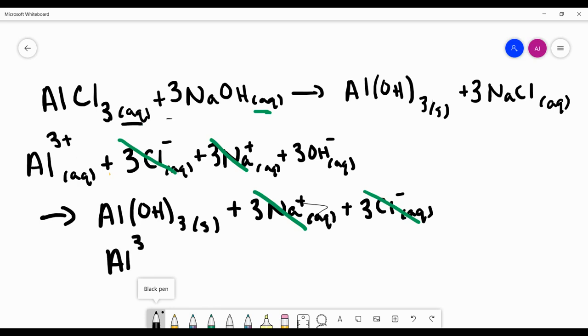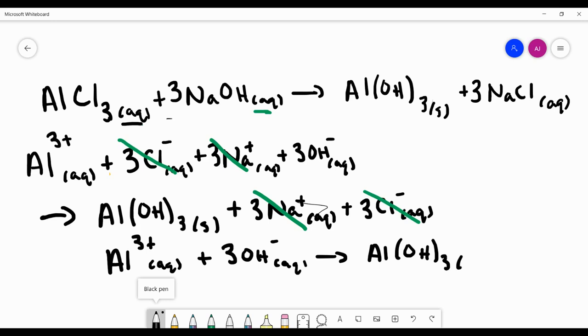Aluminum 3 plus aqueous plus 3 hydroxides gives me aluminum hydroxide solid. So this is a more useful equation because it gets rid of all the extra stuff.